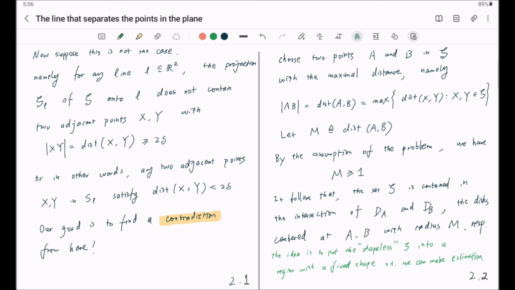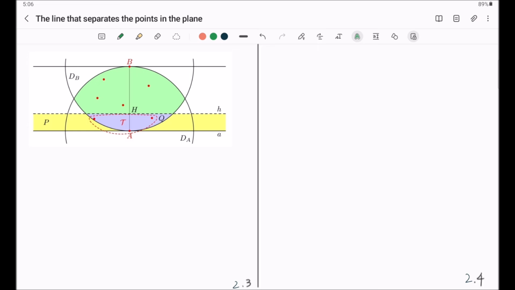Now let us illustrate this with a picture. I just took the picture from the official solution of IMO.